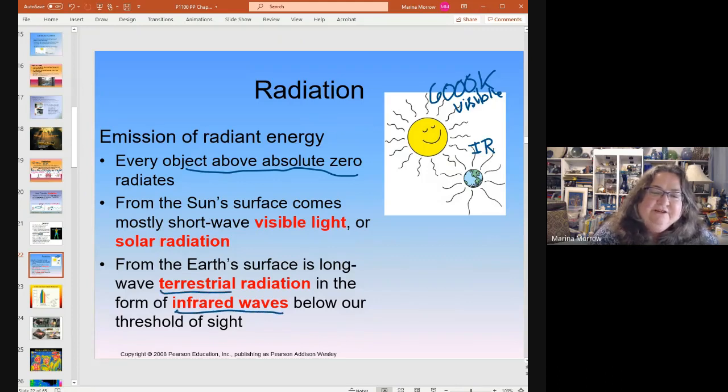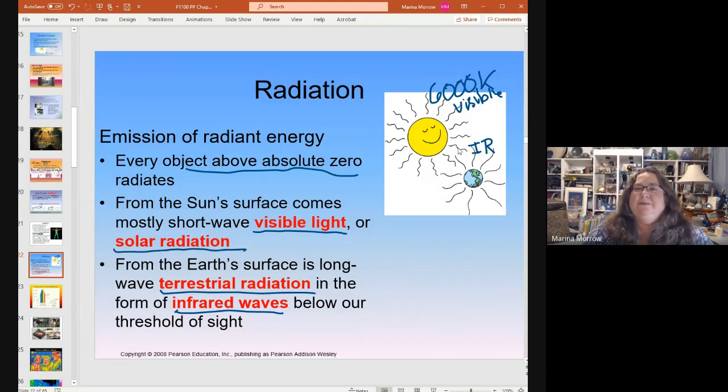We also call infrared waves terrestrial radiation, because Terra is the name for Earth. Whereas from the sun it's visible light, and we sometimes call that solar radiation, because it comes from Sol, our sun. We can't see infrared radiation with our eyes, which is why we have cameras.